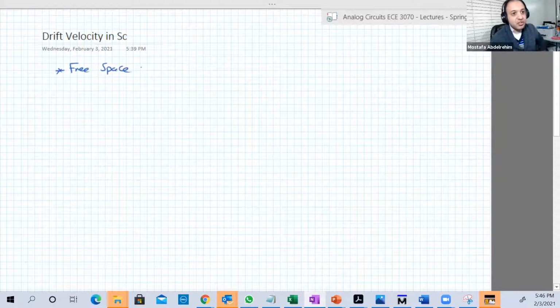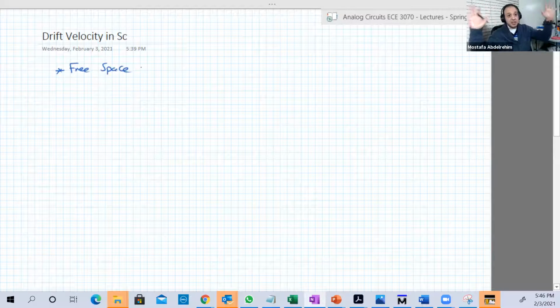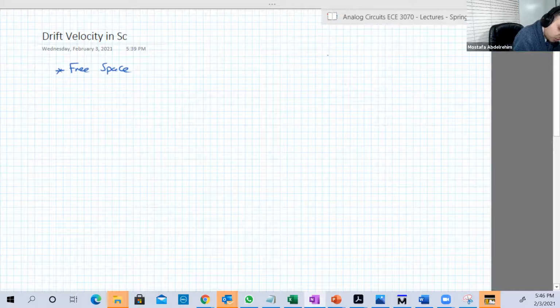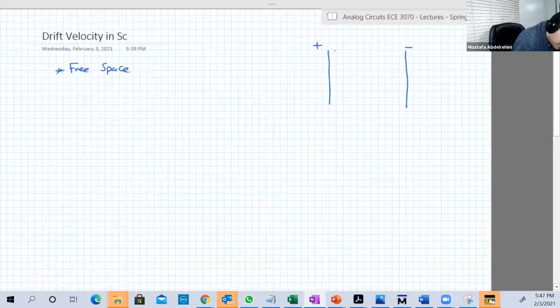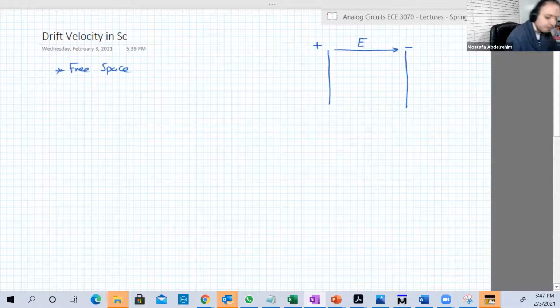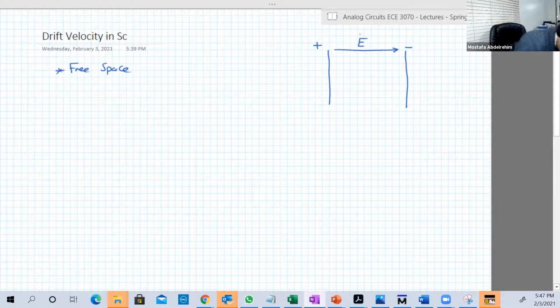If we have free space, nothing, vacuum, and we put two electrodes like this, positive and negative, there will be an electric field between these two electrodes. The electric field direction is usually from the positive to the negative. Let's call it E, electric field.